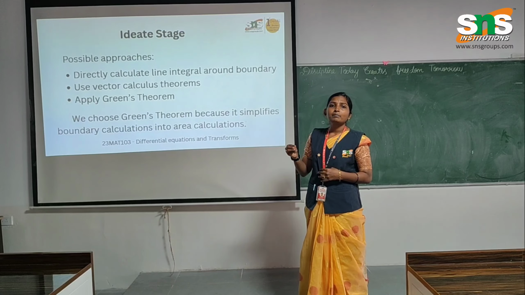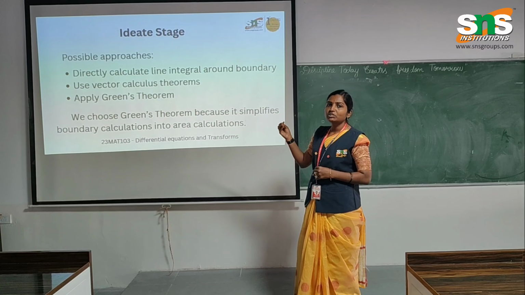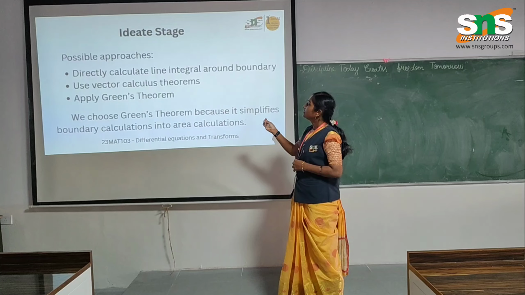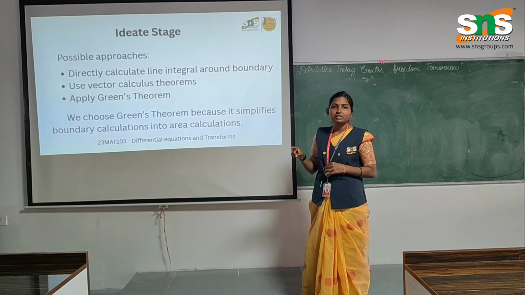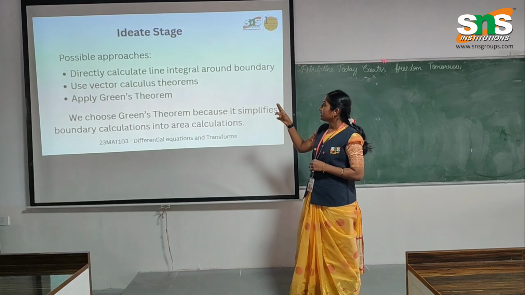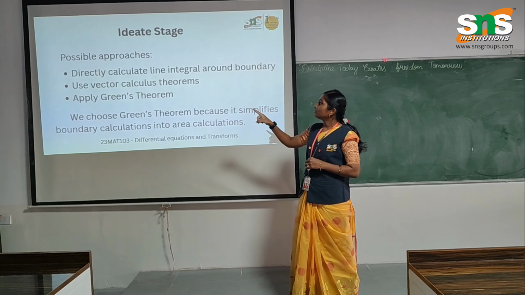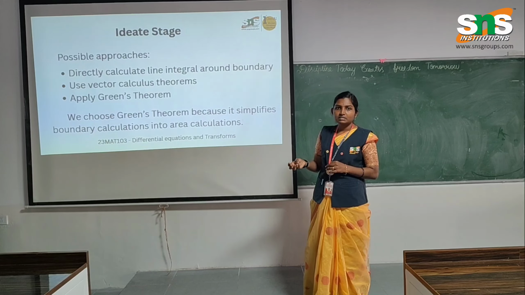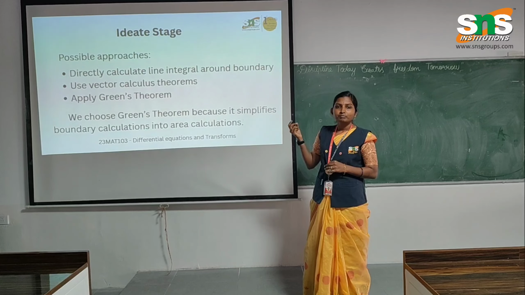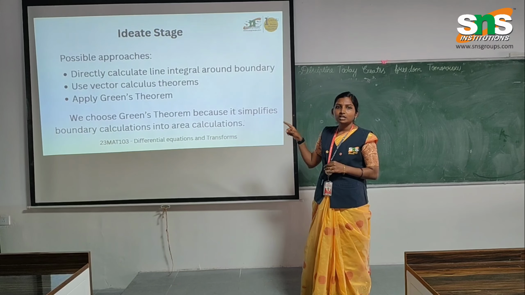What are the possible approaches to compute the circulation of the lake? We can directly calculate the line integral, which means along the boundary only we are calculating, no? So we can directly calculate the line integral around the boundary or use vector calculus theorems like Green's theorem or Gauss's theorem to measure the flow along the boundary.